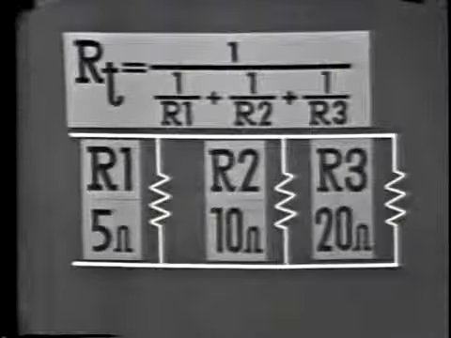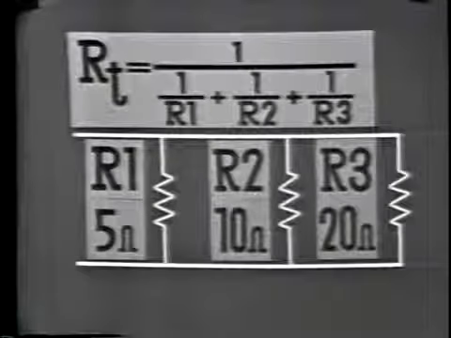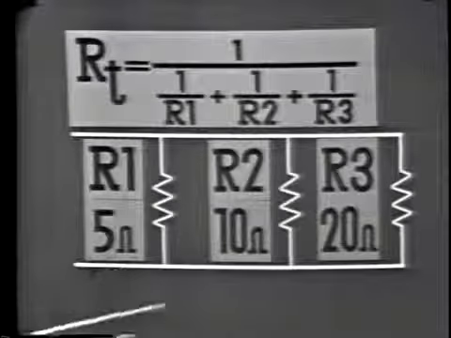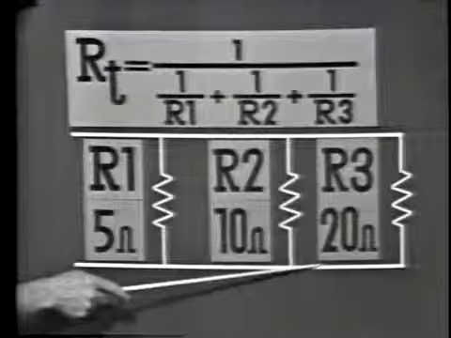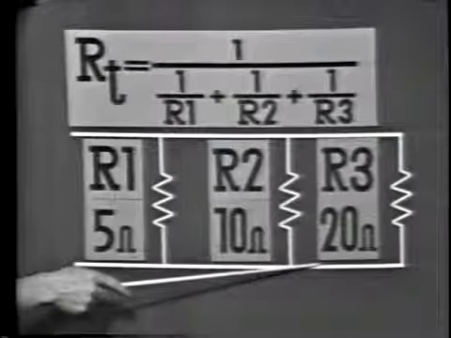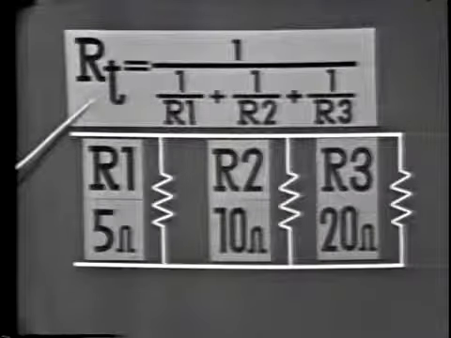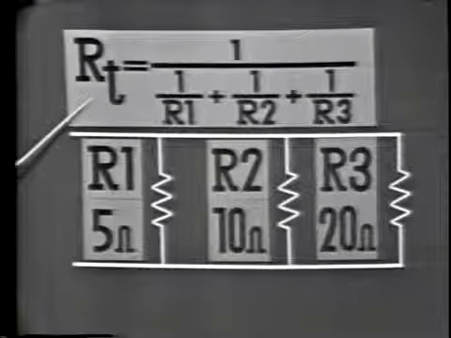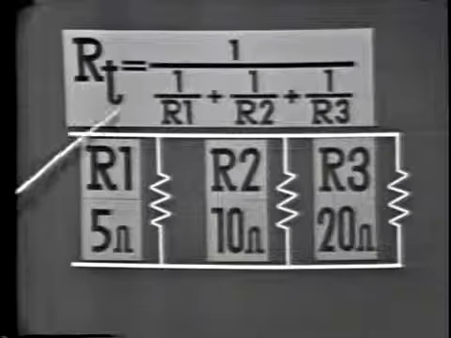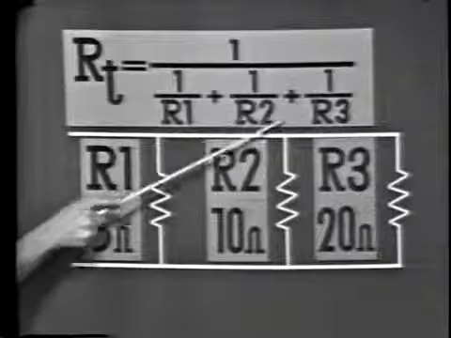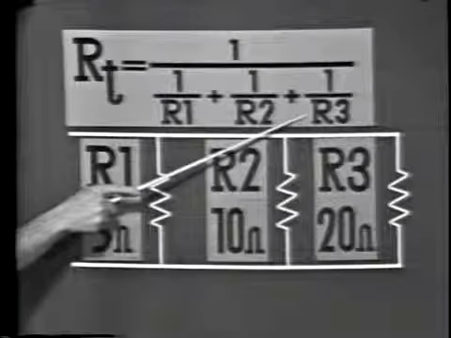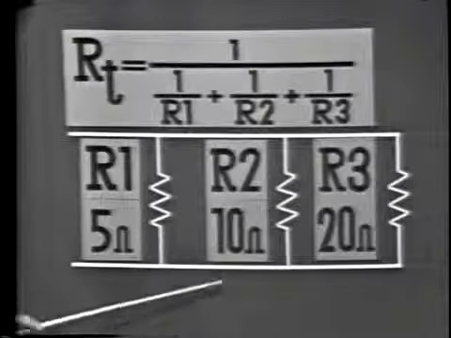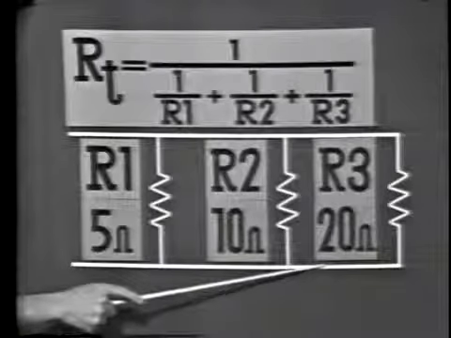This one. In this case, we have 5 ohms, 10 ohms, and 20 ohms. They're all different values. And when you're working this type of problem, you use this formula, and before you begin, you must remember to get a common denominator here. In this case, since we have these values, the common denominator is 20.